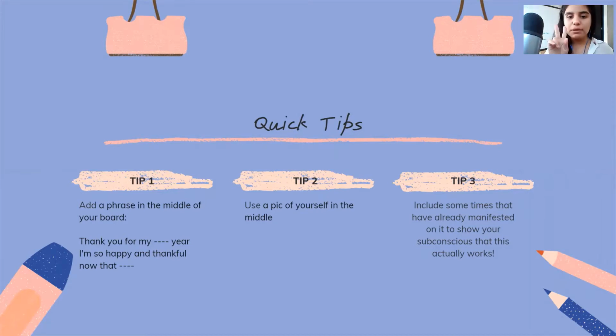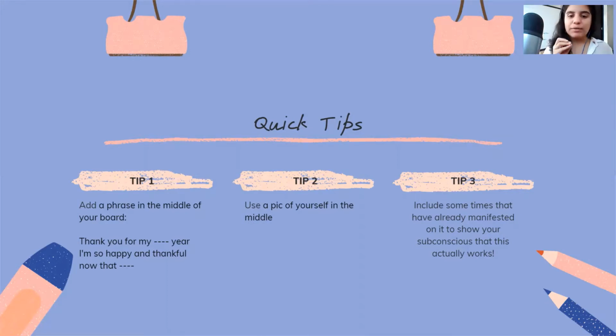Okay? Tip número dos, use a pic of yourself in the middle. This is my personal tip. It has worked wonders because you see yourself using and experiencing all of those things, because what many people do is they just put all of these pictures and it feels very detached, like that's somebody else's life, that's not me.